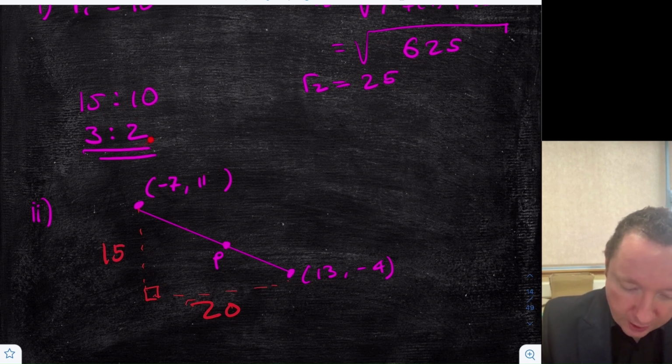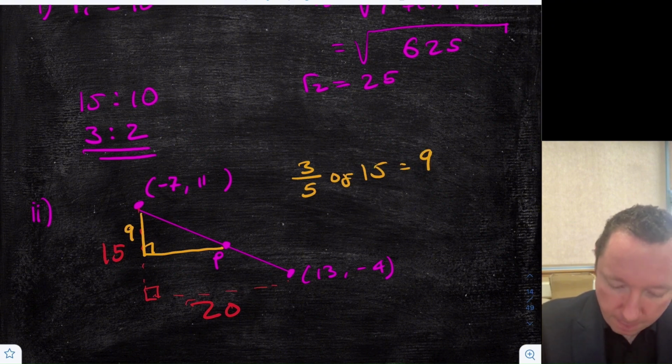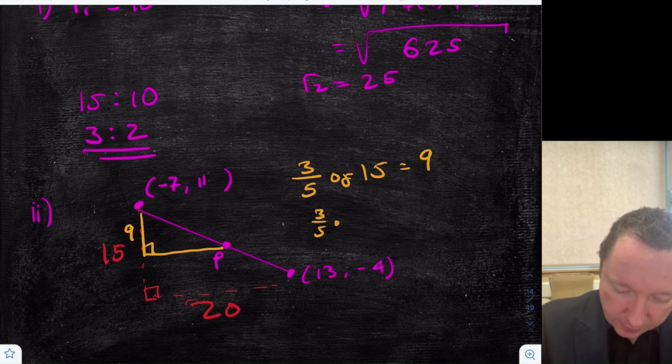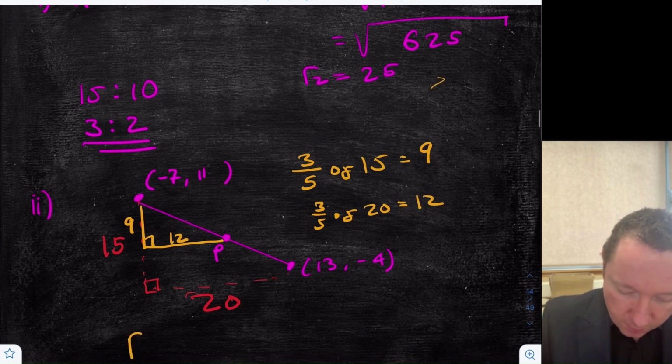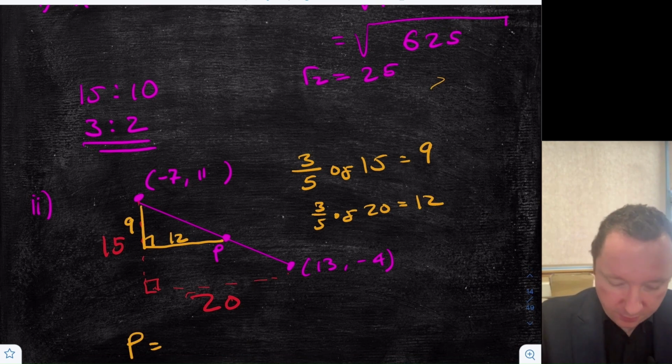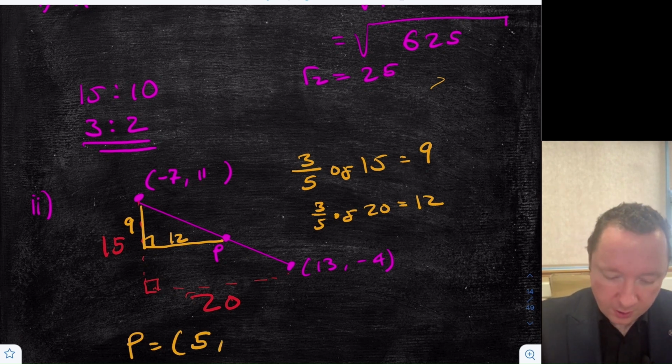So I just need to do 3/5 of 15, which is 9, and 3/5 of 20, which is 12. Minus 7 add 12 is 5. And for our y part, we're starting up at 11 and we're going down 9. 11 minus 9 is 2. So we get 5, 2.